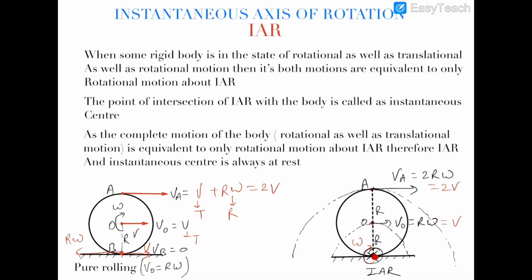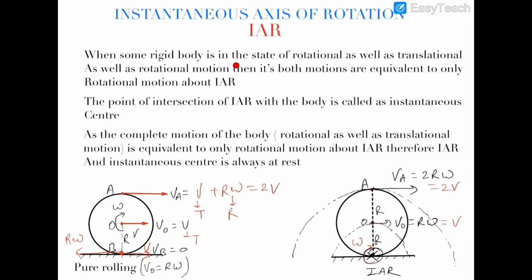Now the velocity of point B, which is the instantaneous center, would be 0, because we have assumed that this complete ring is rotating about this center point and the center is at rest. So this is the concept of IAR: IAR simplifies both motions into a single motion, and therefore IAR is useful in solving questions in a shorter period of time.